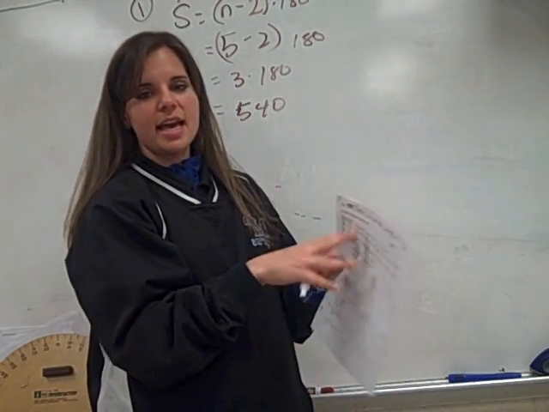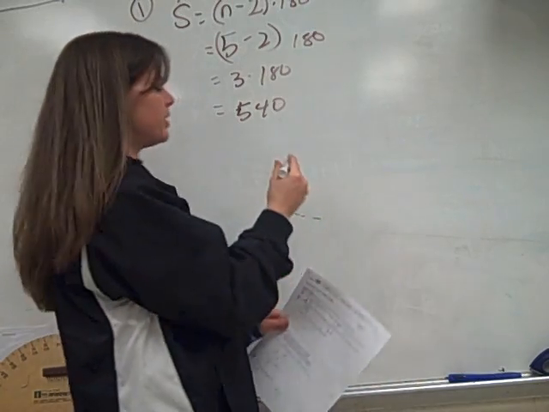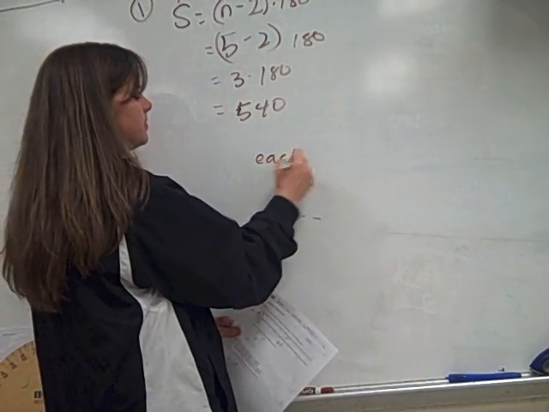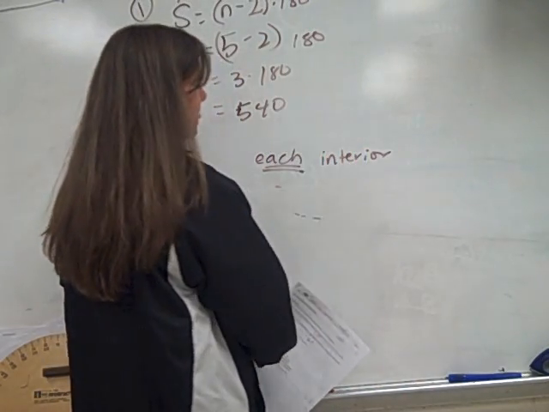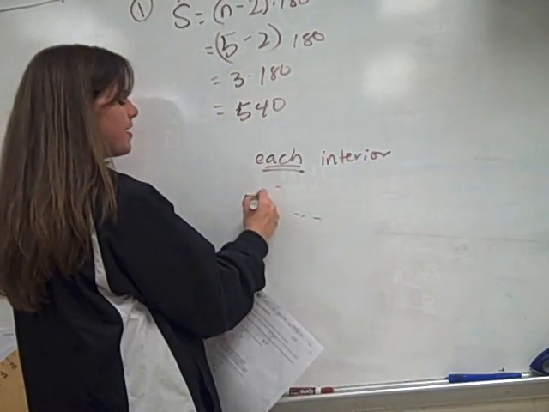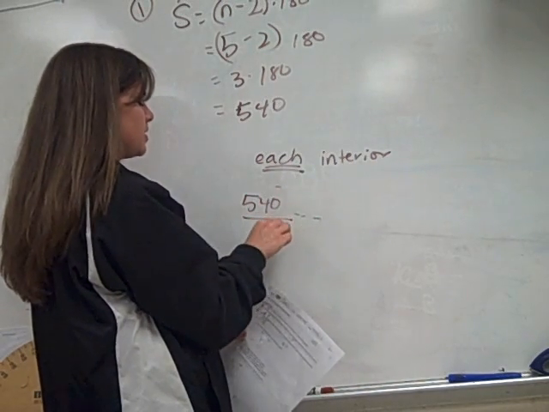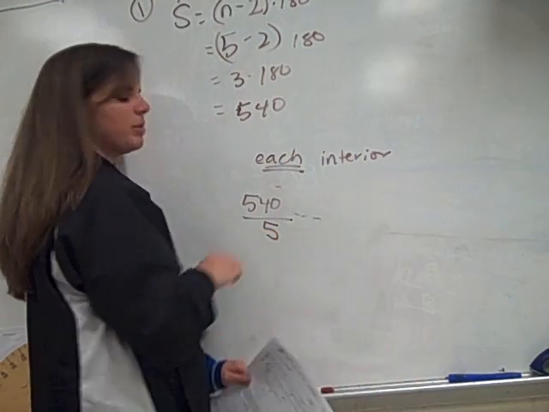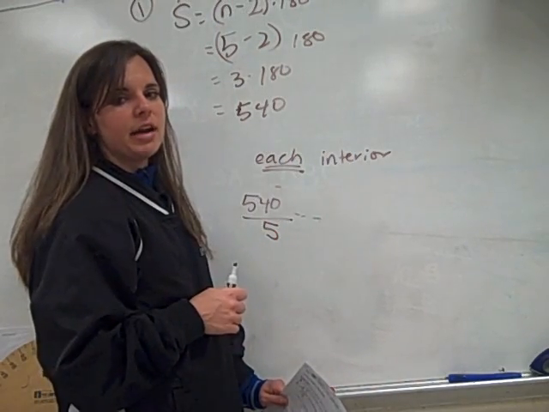And on your test today, you're going to have several of these. And you need to look for these little key words. Each interior angle is very important. Okay, so you got a total of 540. This is a pentagon, a regular pentagon. So we need to take that total and split it up evenly amongst all the 5 interior angles.